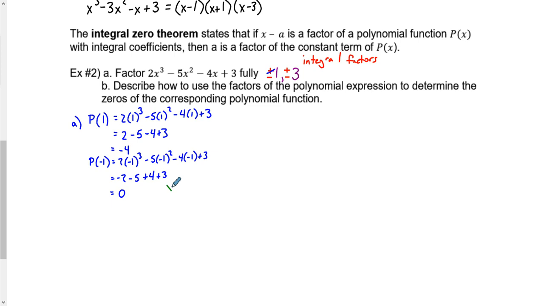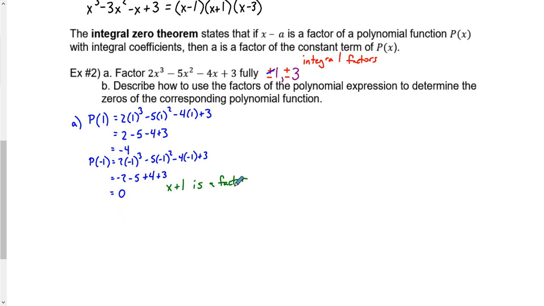That means x plus 1 is a factor. Why am I using x plus 1 when I use negative 1 as my number to check in my polynomial? Because negative 1 is the 0 of this binomial. x plus 1 equals 0 at negative 1. So let's go back to our last day when we did our synthetic division.